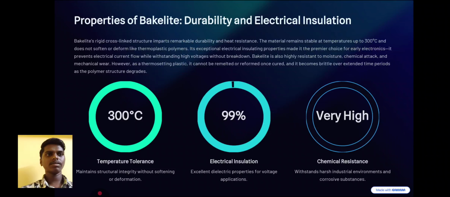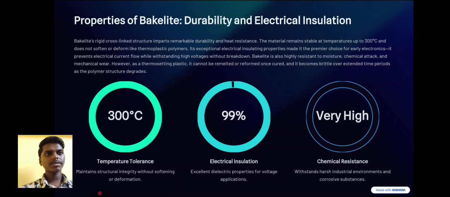Properties of bakelite: it has durability and electrical insulation. Bakelite's rigid cross-linked structure imparts remarkable durability and heat resistance. The material remains stable at temperatures up to 300 degrees Celsius and does not soften or deform like thermoplastic polymers.